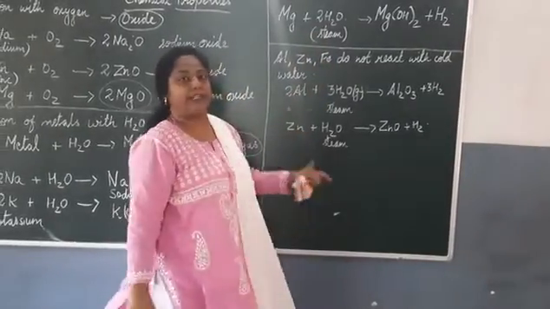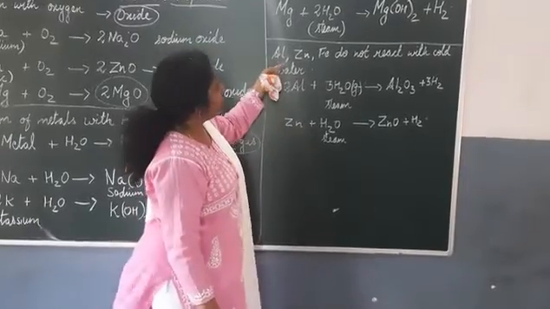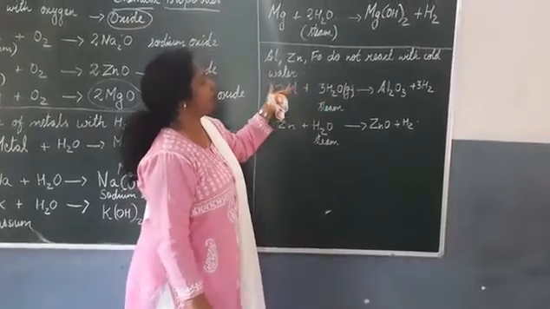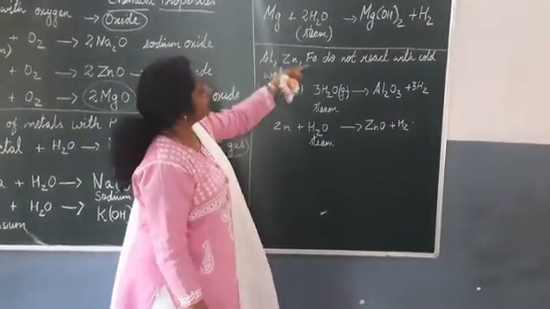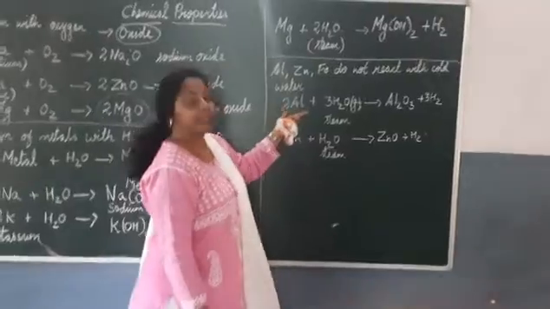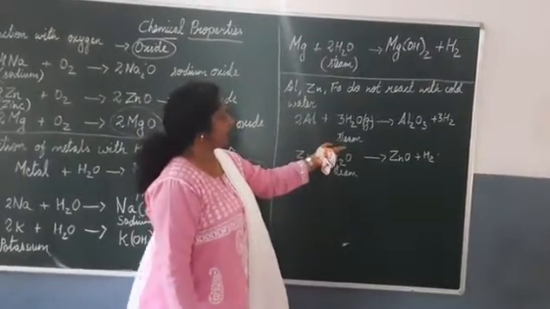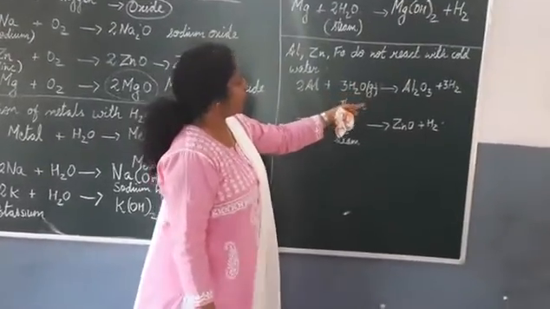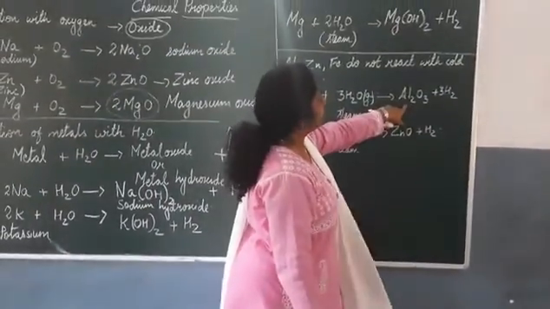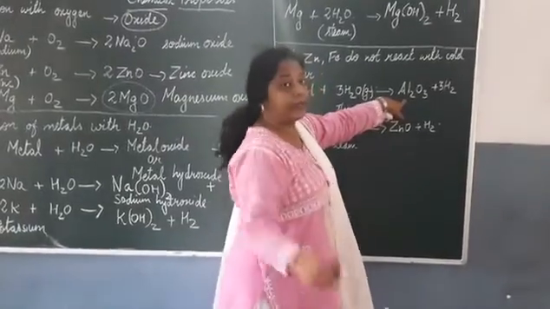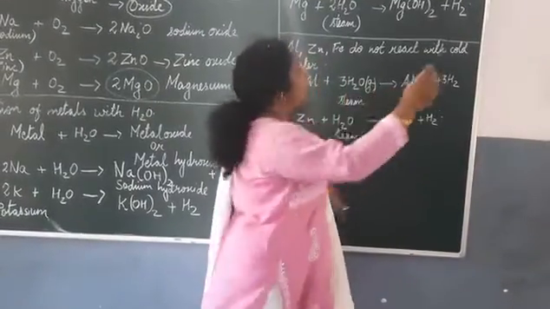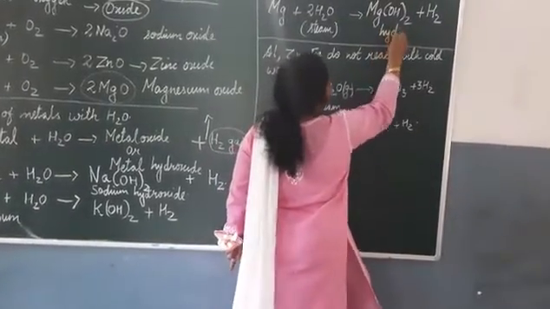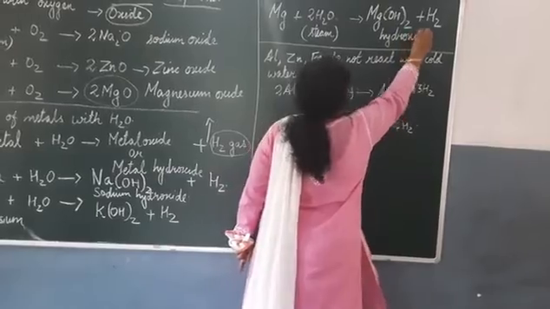Then there are a few exceptions like aluminium, zinc and iron. They will also not react with cold water. Just like magnesium, they will react only with steam. Like aluminium plus water, it will form, here it is not hydroxide, it is oxide, children. I told you hydroxide group means OH. Whenever you see OH, that means it is hydroxide along with the name of the metal.